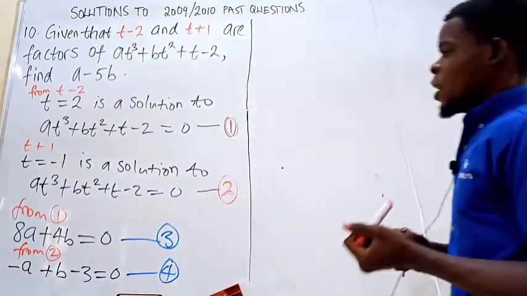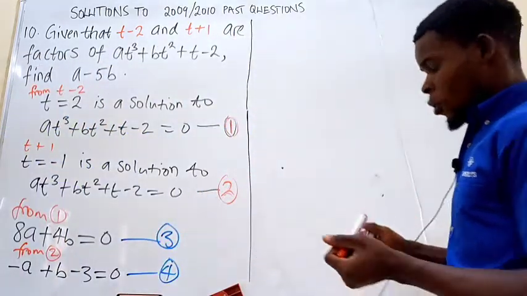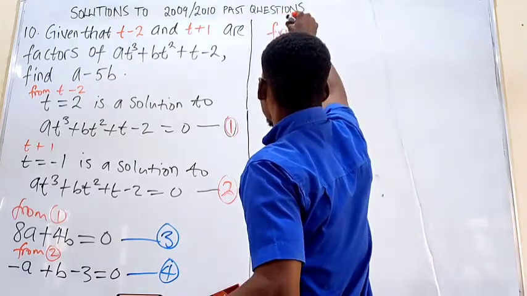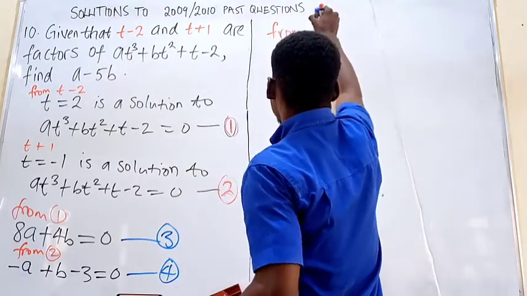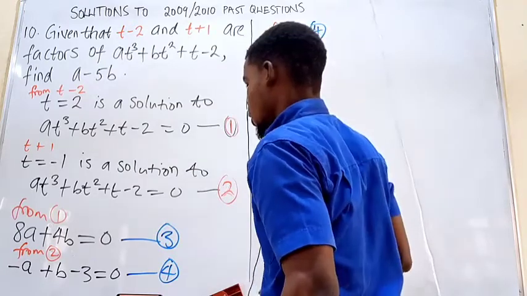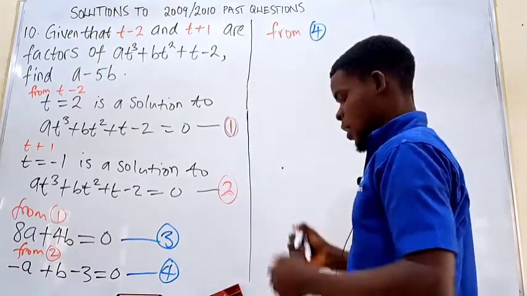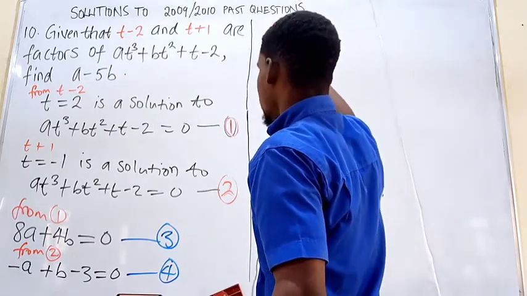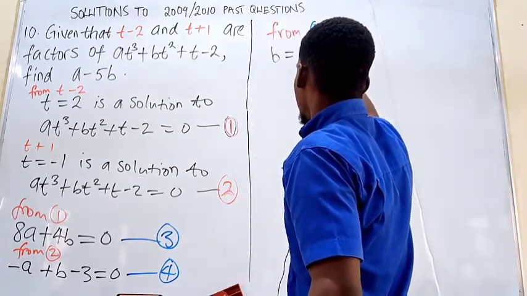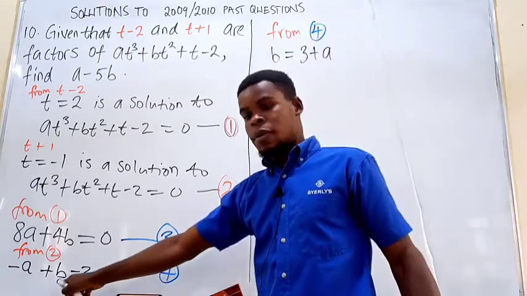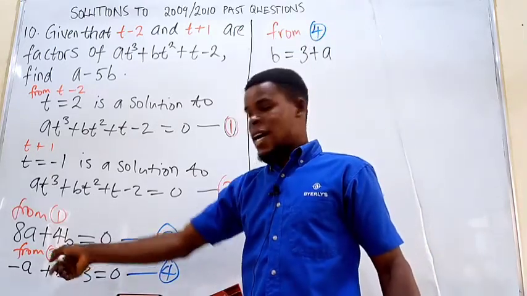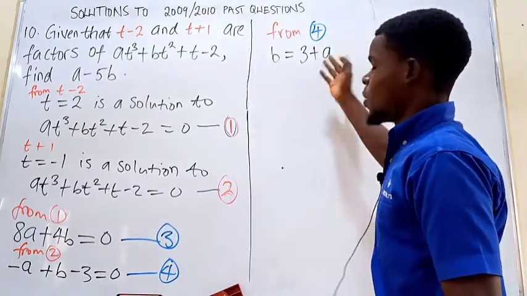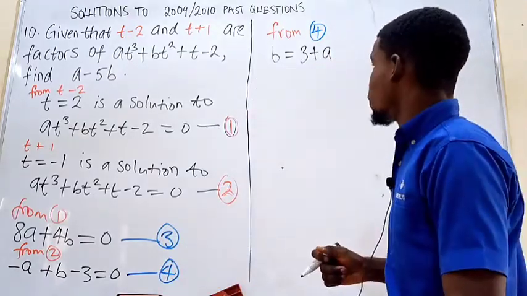So from equation 4, you can see that b equals 3 plus a. That is just by making b the subject of the formula, by adding a plus 3 to both sides. A plus 3 or 3 plus a is commutative.